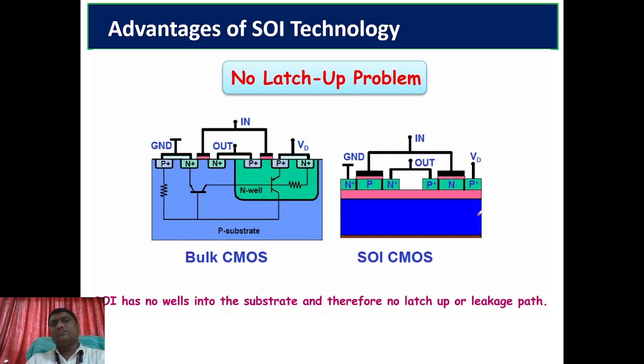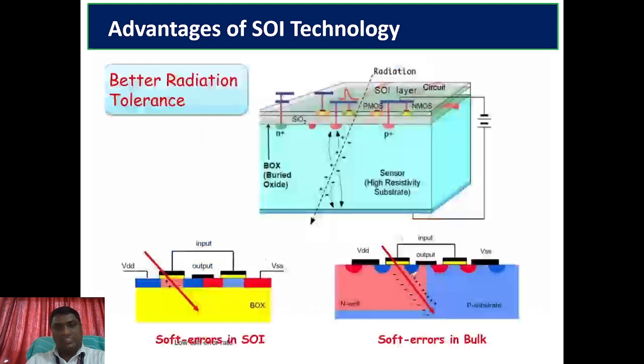Another advantage of SOI is that in bulk CMOS transistors we will have latch up problems due to glitches and all. Whereas in SOI CMOS this reduces the parasitic capacitances. Therefore SOI has no wells in the substrate, and therefore no latch up and no leakage paths will occur in SOI CMOS technology.